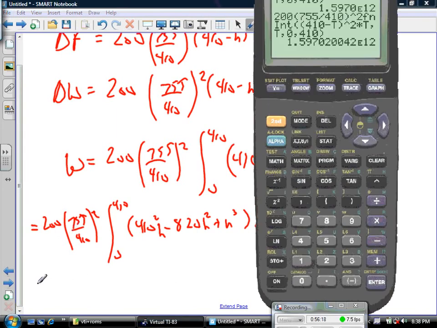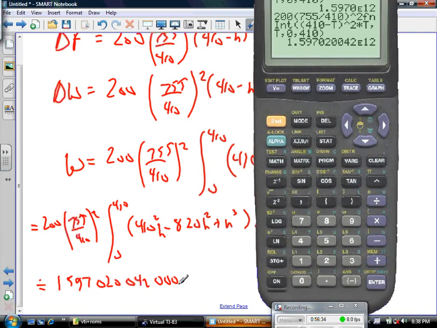It's approximately 1,597,020,042 and some more digits. Is that 12 places? 1, 2, 3, 4, 5, 6, 7, 8, 9, 10, 11, 12. I don't know what's here, but roughly, to the nearest 1,000 is probably correct. So that's how many foot-pounds we're talking about.